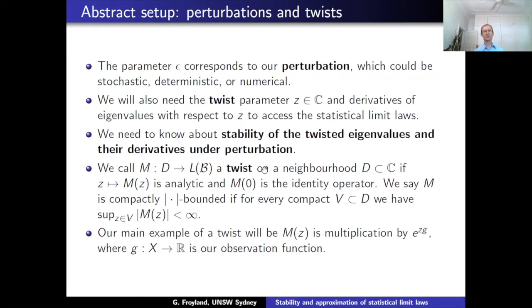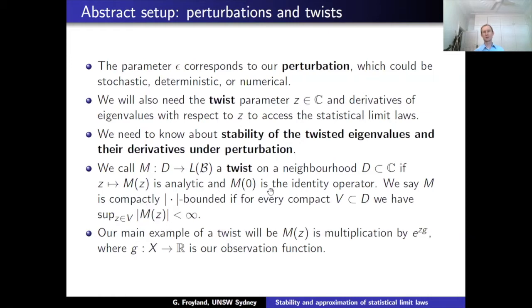Okay, so formally, what is a twist? A twist is going to be an operator. It takes as argument a complex number, and we need that it has analytic dependence on Z, and zero twist is doing nothing. And we'll say that this is compactly weak bounded if for every compact subset of your complex domain that you're interested in, you're uniformly bounded in the weak norm.